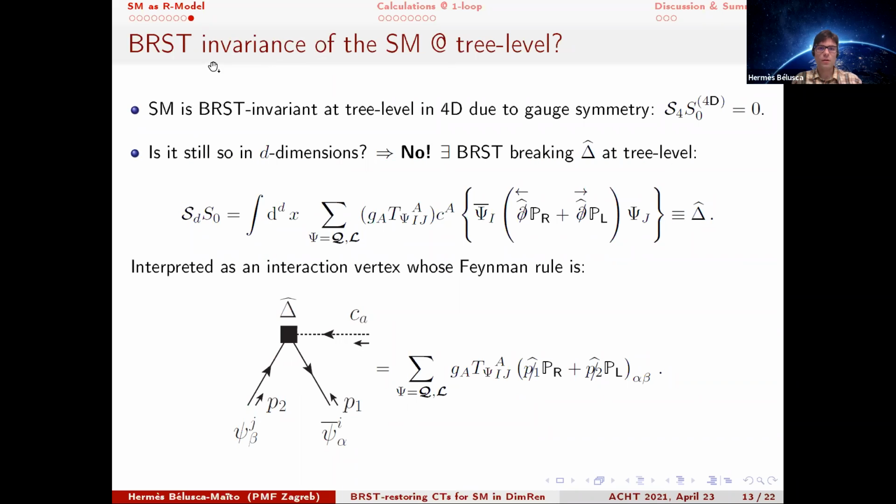So if we look at whether the standard model is BRST invariant at tree level, then we see it is not, there is a breaking term. The same thing appears, for instance, in the chiral QED. And this can be interpreted as a Feynman rule.